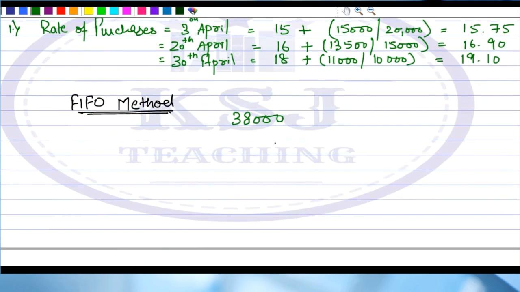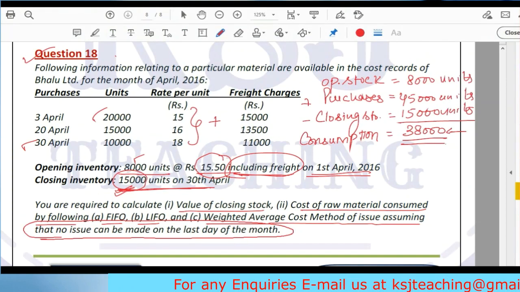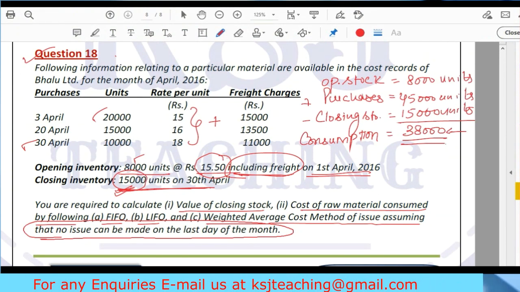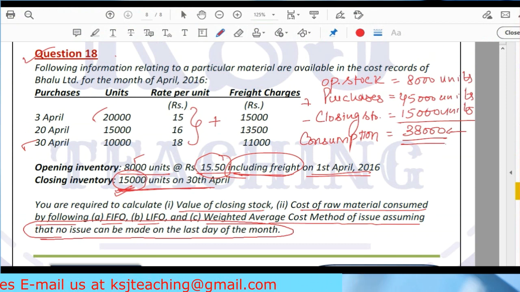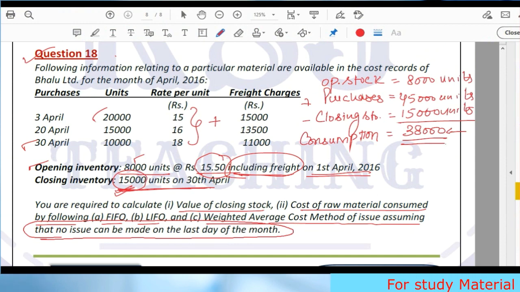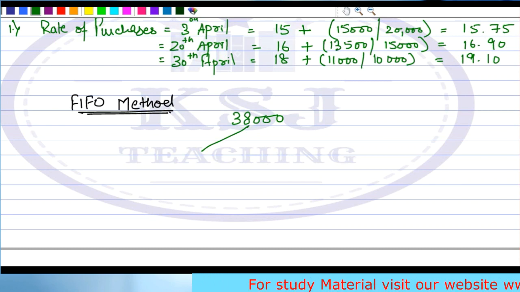Right. Now let's see the pattern in which these units will be issued. What is the first that we'll use in the FIFO method? First in, first out. That means the first thing that we are going to use is the opening inventory of 8,000 units. Right, sir.